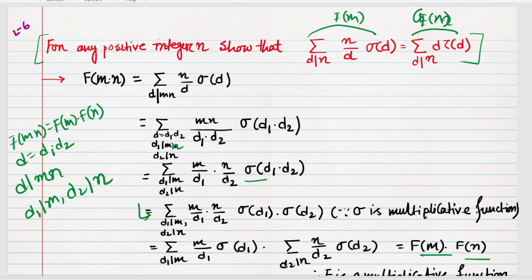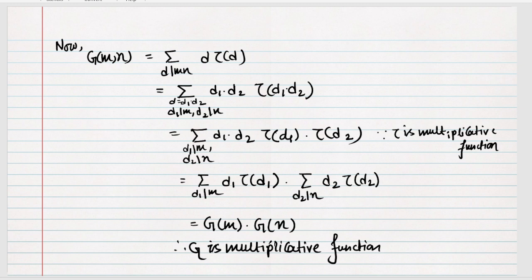Now we have to show that g is a multiplicative function. Taking g of mn, that means the summation over d dividing mn of tau of d. As I told in earlier lectures, d can be written as the product d1 dot d2, where d1 divides m and d2 divides n.